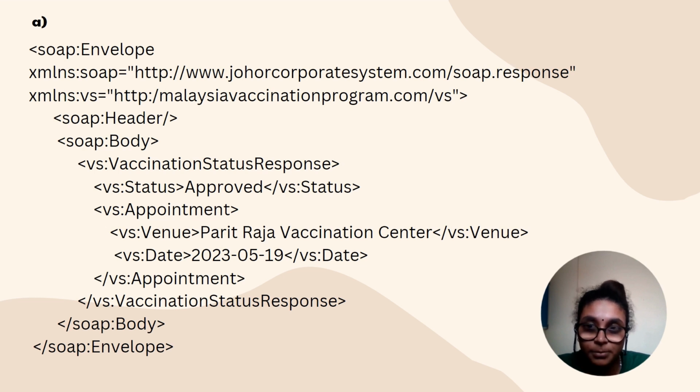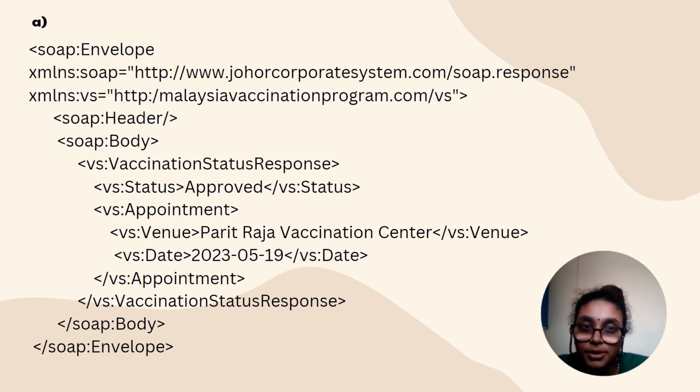It starts with the envelope tag of the SOAP response. After opening the envelope tag, it mentions the first namespace for the SOAP response with the URL http://www.johorcorporatesystem.com/soap/response.